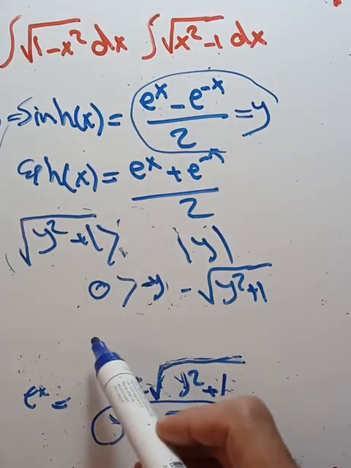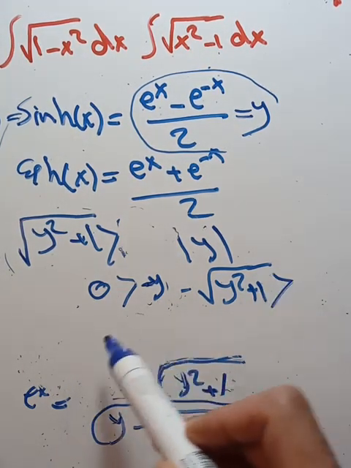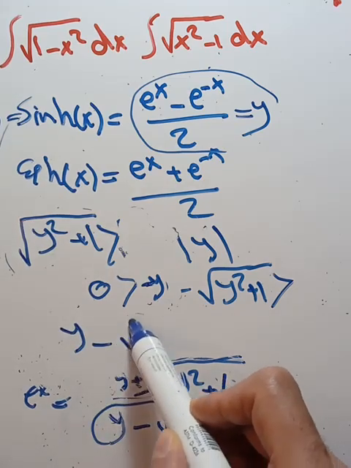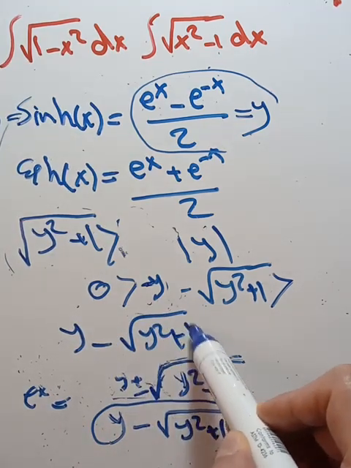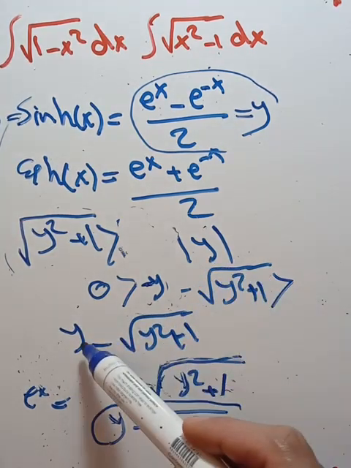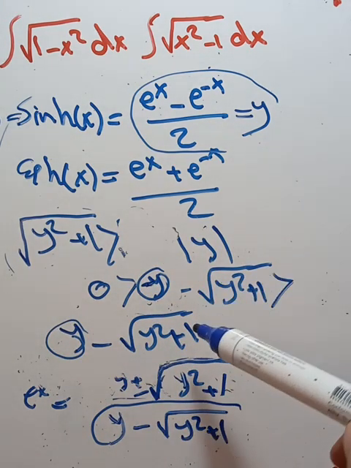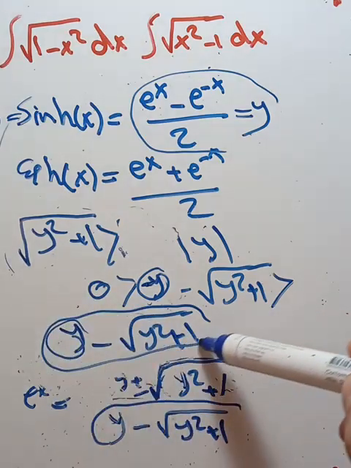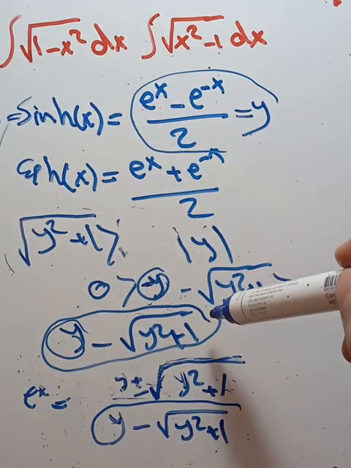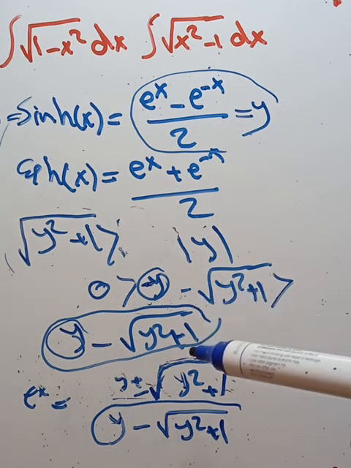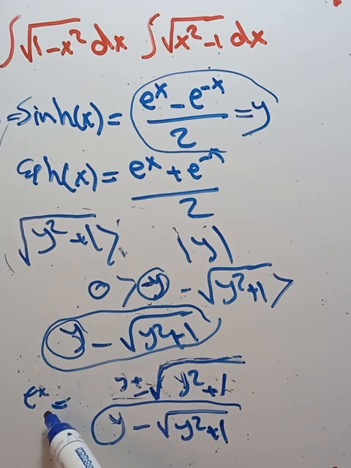This is bigger than y minus this, because for the negative y it is negative but it should be positive. So again, this is negative, but it should be positive because it is equal to e to the x.